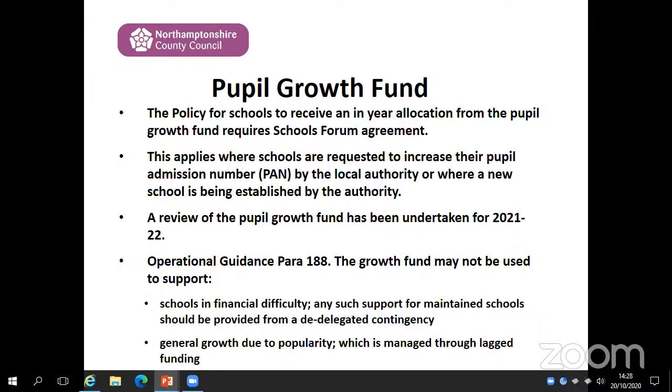Obviously, it provides revenue funding schools require to meet the increased staff costs they will incur as a result of extending at the request of the local authority. If this fund wasn't in place, schools would be put at quite a severe financial detriment when they did expand, and it's absolutely key to us meeting our statutory obligation to provide a sufficiency of school places.